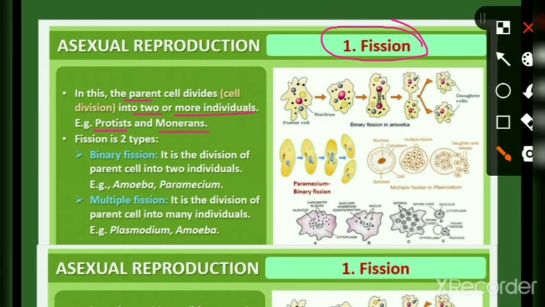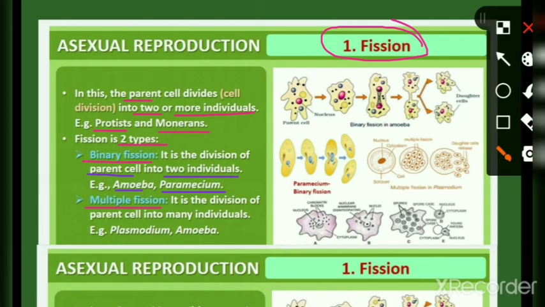Fission is of two types: binary fission and multiple fission. Now students, we want to know what binary fission is. In binary fission, the parent cell is divided into two new individuals or offspring cells. Binary fission occurs in amoeba and paramecium.